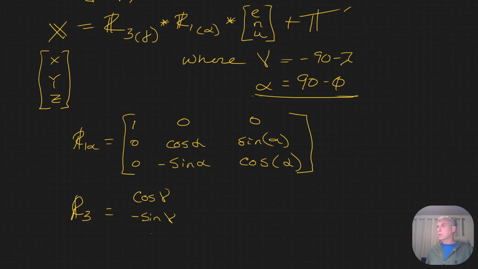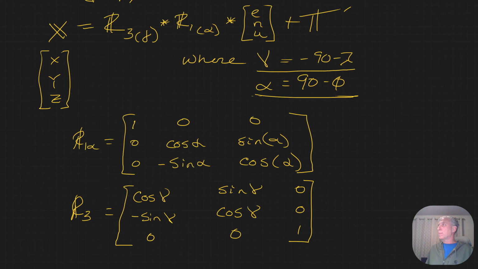We just went over these last time. And sine gamma and cosine gamma and 0, and then just 0, 0, 1, where gamma is equal to the minus 90 minus lambda.